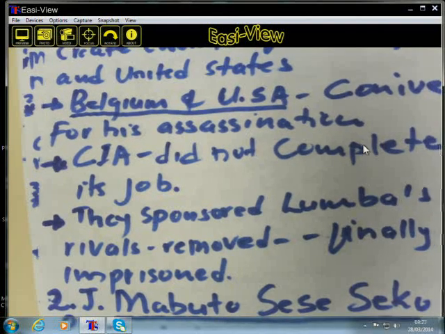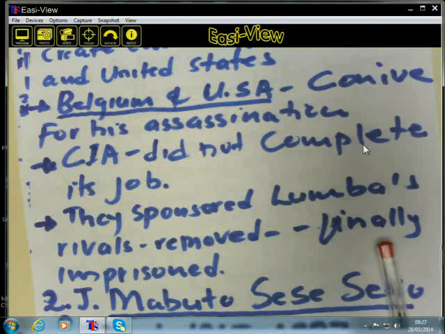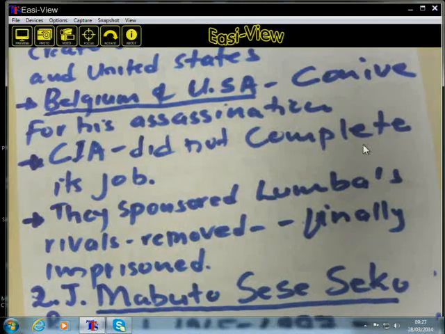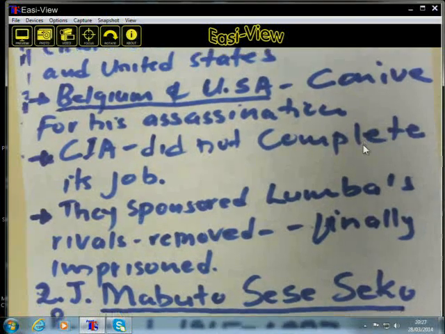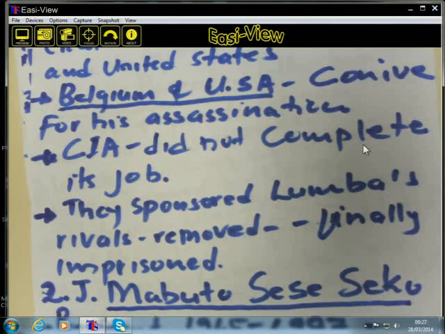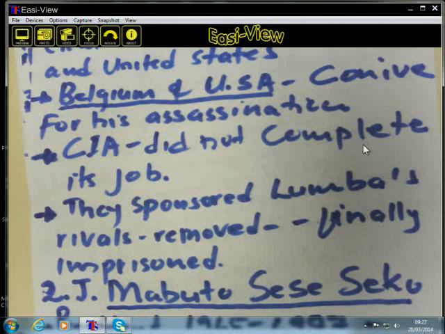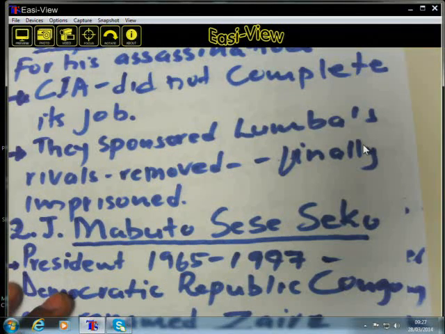These were the politics in Congo. The Central Intelligence Agency of the USA was tasked, given a job to ensure that Patrice Lumumba is assassinated. But it didn't manage to complete its job.